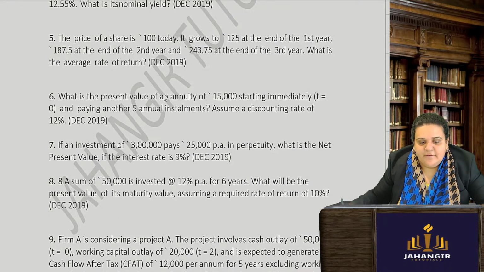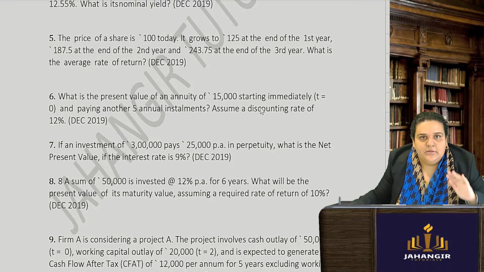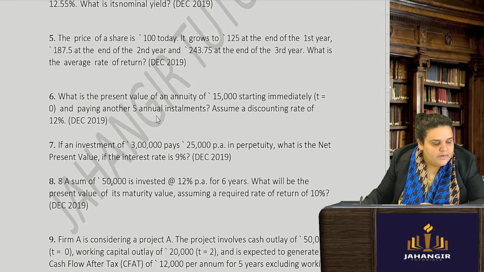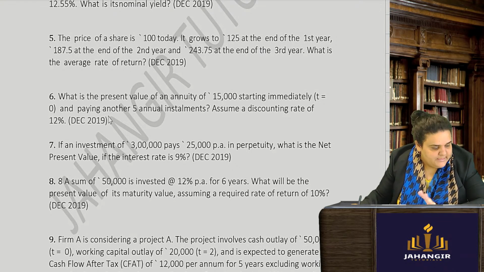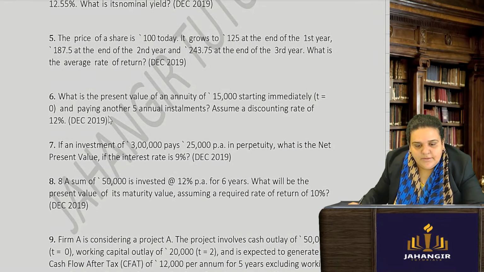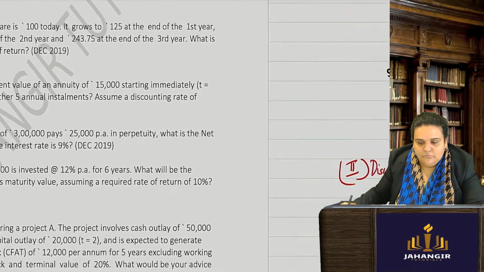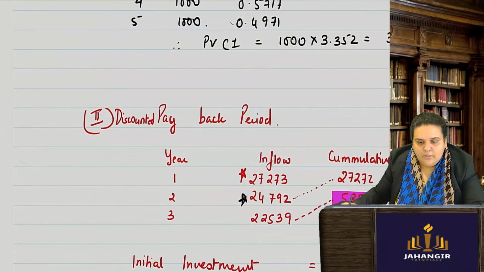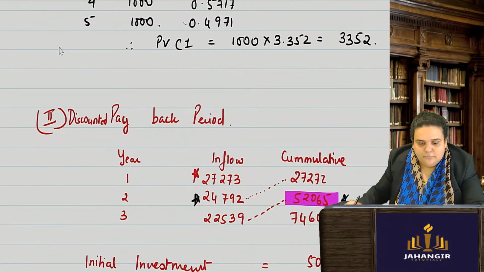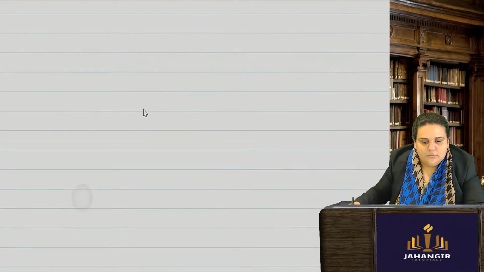What is the present value of an annuity of rupees 15,000 starting immediately today, T0, and paying another 5 annual installments, assuming the discount rate is 12%. Okay, same thing. Question number 6 I am solving.